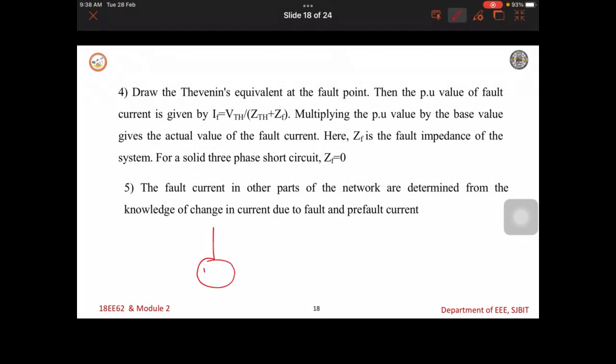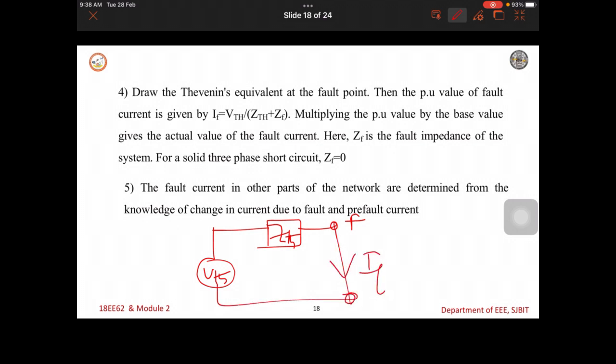By knowing the Thevenin's voltage and Thevenin's impedance, we can find the fault current. So the fault current is nothing but VTH by ZTH.